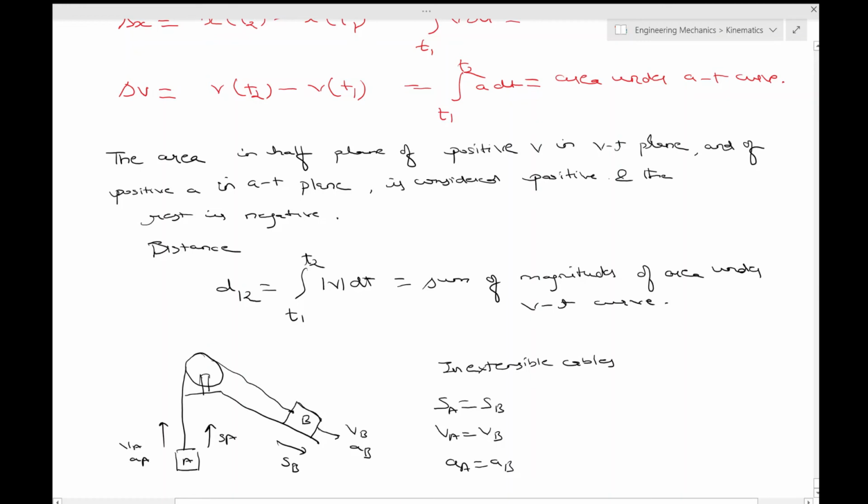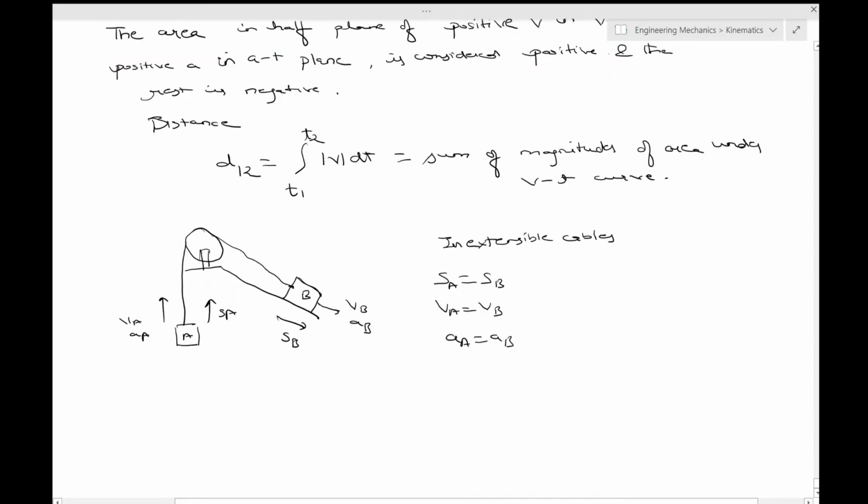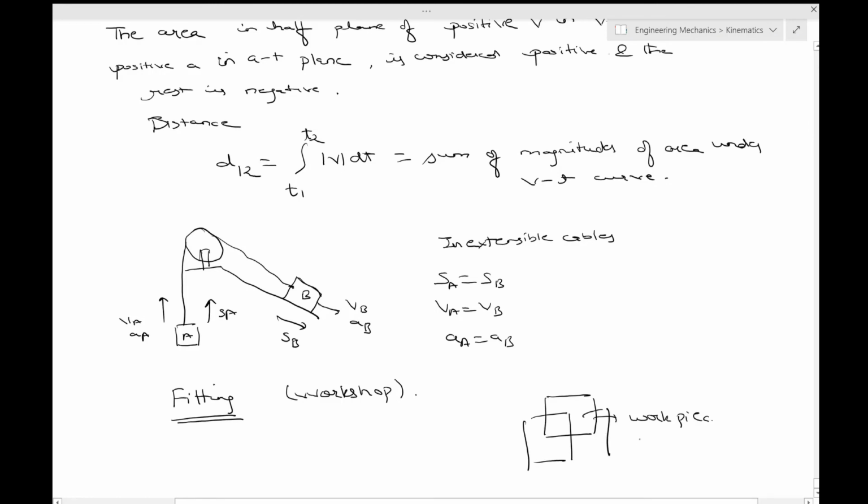So this is how a rectilinear motion can be seen, and perhaps when you do your course in workshop practice and do your fitting experiment, this normally is a part of workshop. You have a workpiece fixed between the so-called vice.